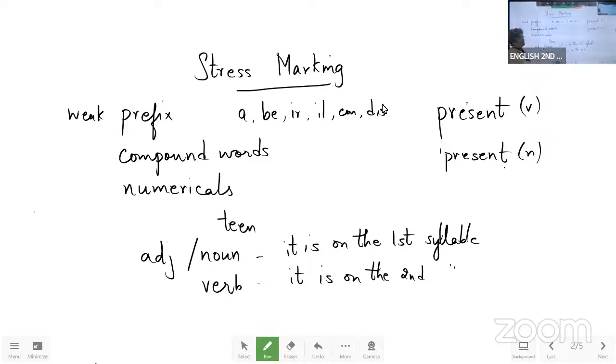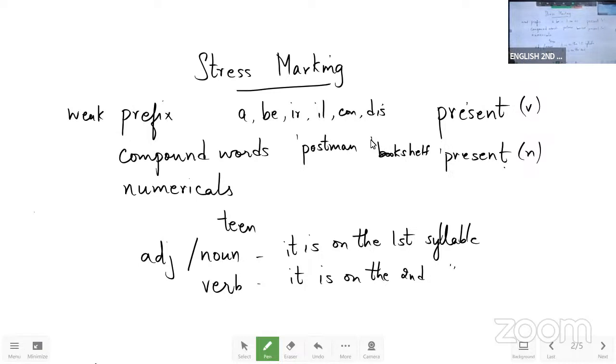Likewise, compound words, postman, book, shop, and everything, it's on the first syllable. But there are exceptions, and that's why it is very, very confusing.